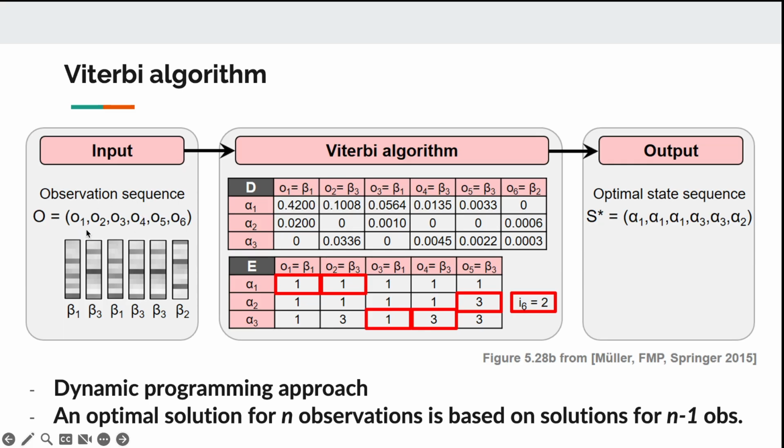So in a sense, it's dynamic programming, because your solution with n observations is based on your solution for n-1 observations. That's why this dynamic programming approach comes up again and again in bioinformatics.